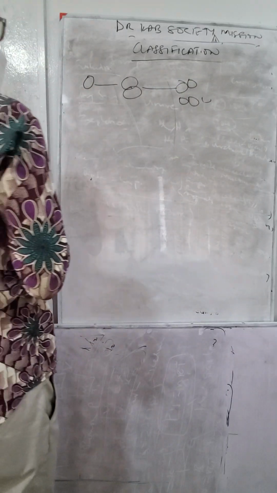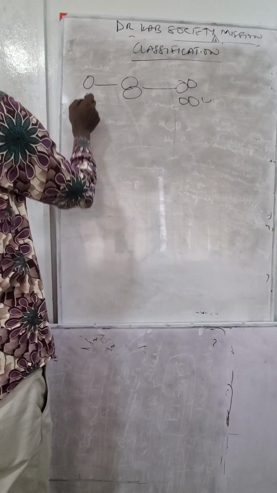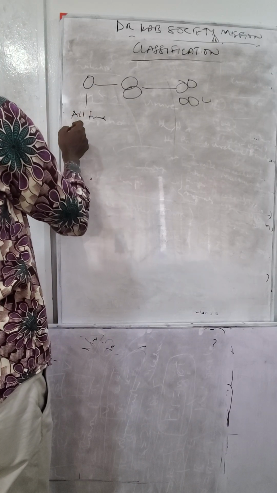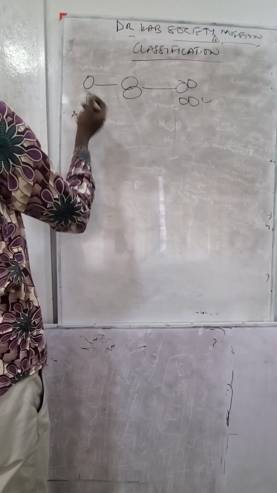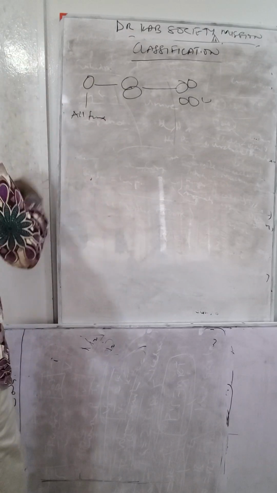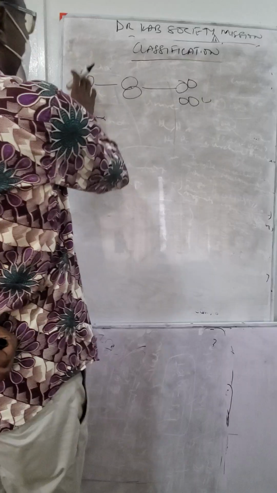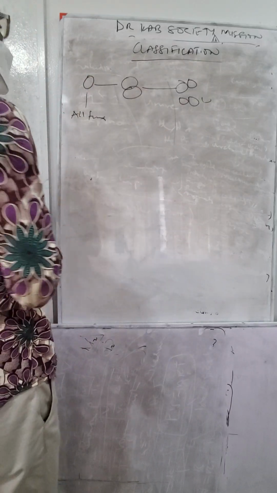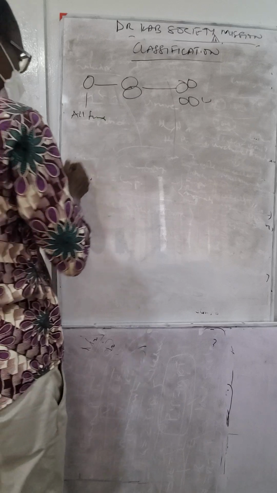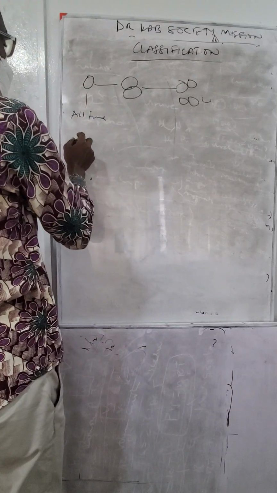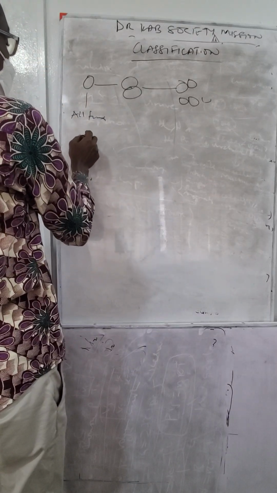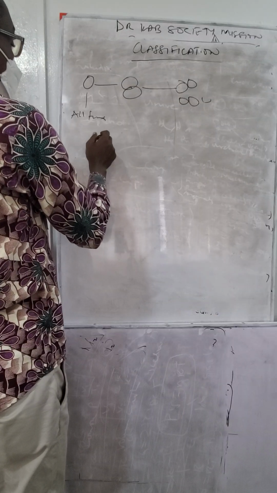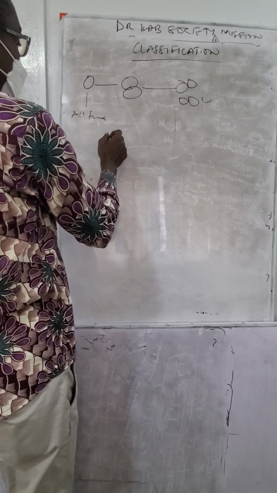Usually those which are one cell have to carry out all the living functions in one cell: reproduction, feeding, metabolism, all of them. But when you have different cells, the different cells will specialize for the various functions. A very simple organism will usually want to divide without the sexual kind of reproduction.